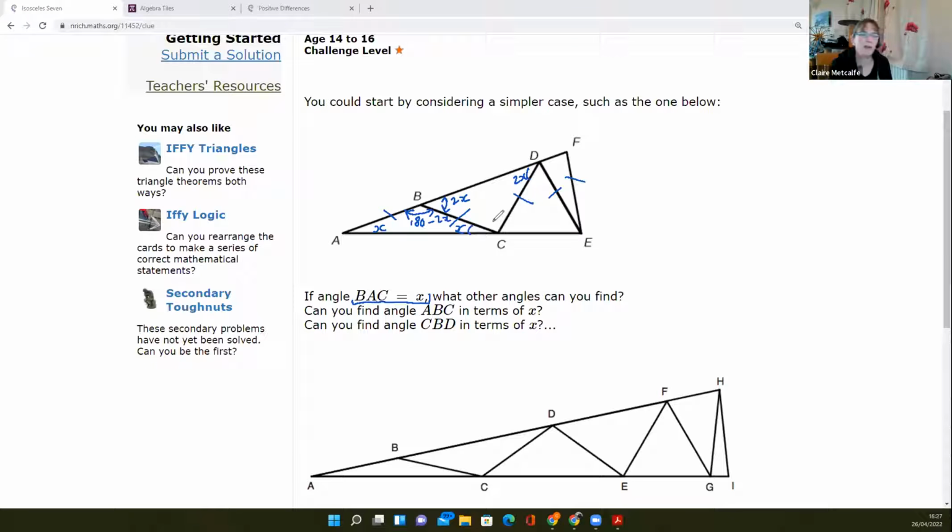Yep, shall we just keep going and let's finish it, because we're almost there. So what's this angle here? Okay, 180 minus 4x. So then we can work out this angle. Well, I'm not sure that one is 4x.